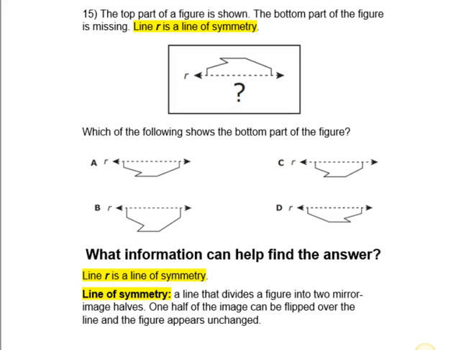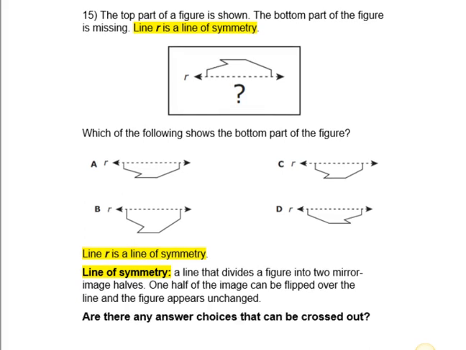Okay, so in looking at our picture and also our answer choices, are there any answer choices we can cross out? If we flip this one over the line of symmetry, this figure would be incorrect? Or if you know the correct answer, go ahead and circle it. But if you are unsure, it's good to eliminate or cross out any wrong answers, because that increases your chances of getting the answer correct.